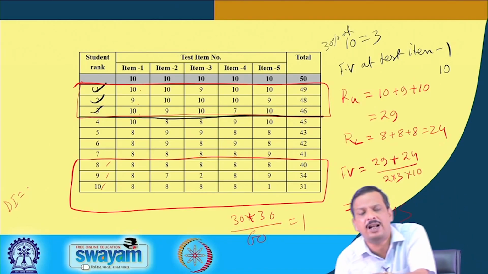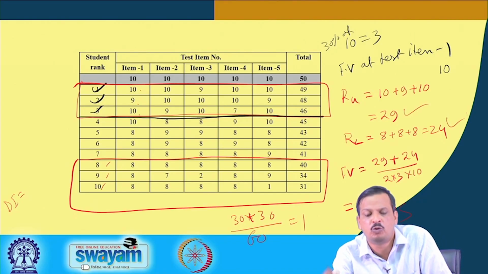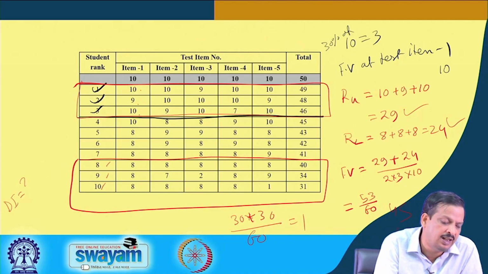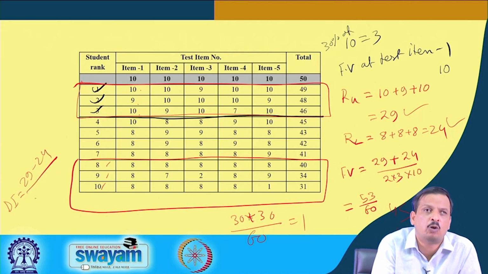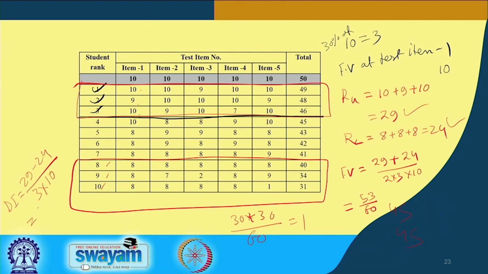Marks obtained by upper group 29, marks obtained by lower group 24. So, 29 minus 24 divided by, what is the group size of the upper group? 3. What is the highest total marks of the test item? 10. So, it is 5 by 30.